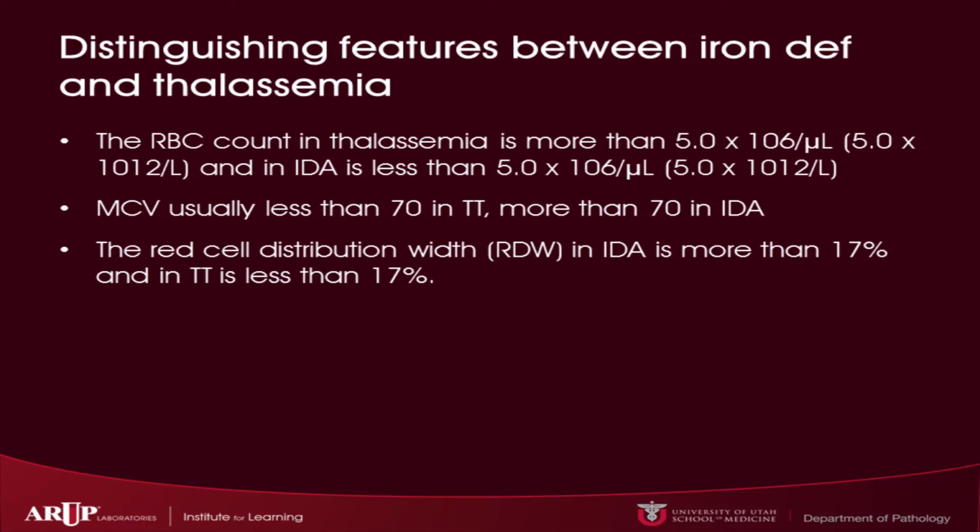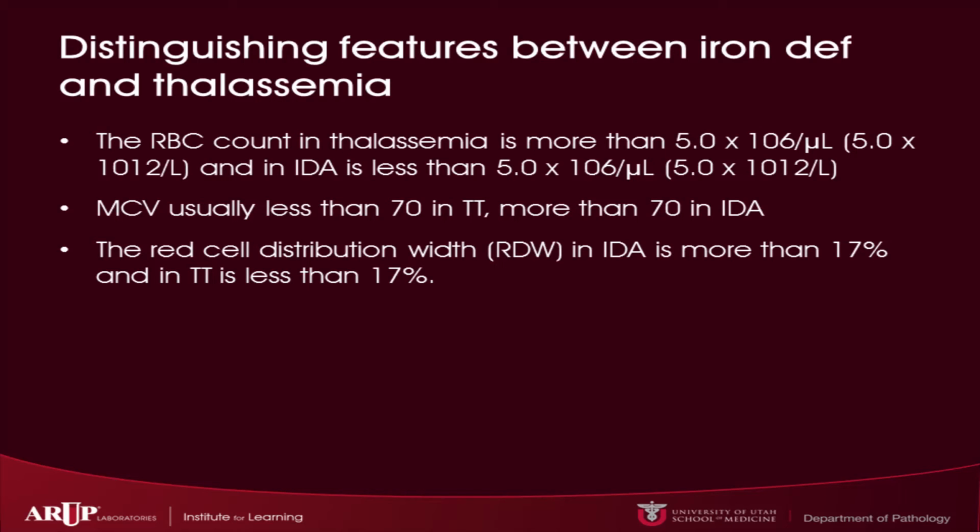So if we can remember these three parameters when we are looking at the CBC, I would say in more than 90 to 95% of the cases, we should be able to make a good estimate about iron deficiency versus thalassemia.